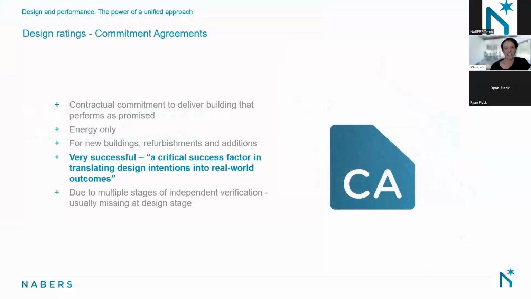The first one is a NABERS commitment agreement. So this is our oldest design tool. It's been around for quite a while, so we've got a lot of data on them. Essentially it's a contractual commitment to deliver a building that doesn't use more energy than it's supposed to. So they're for energy only at the moment. You can use them for a new building or a refurbishment or an addition.